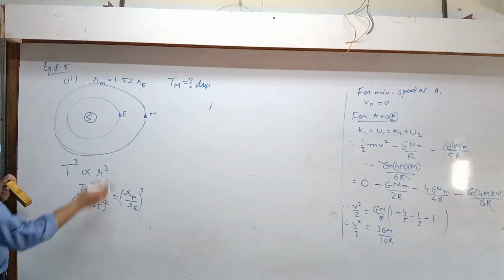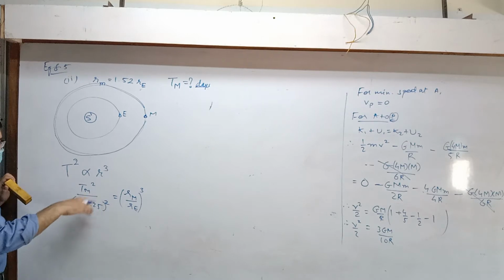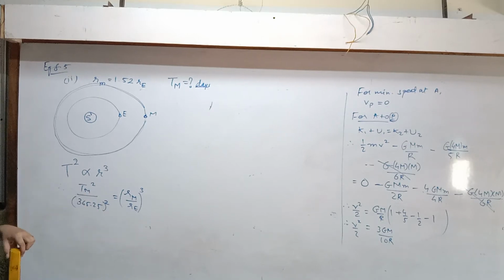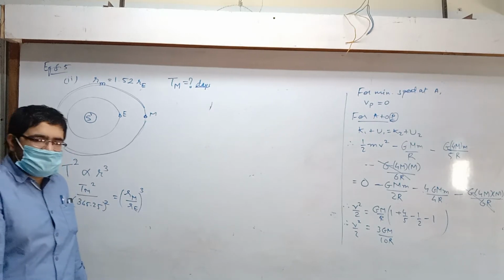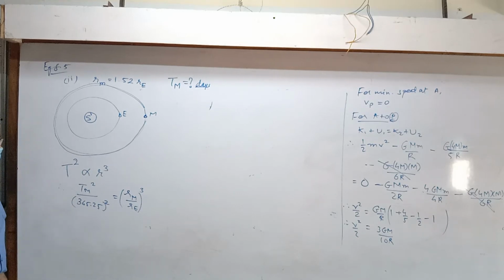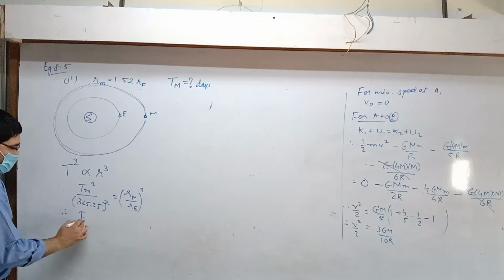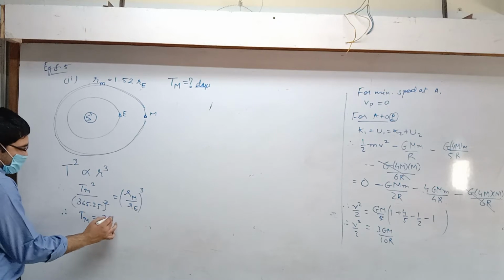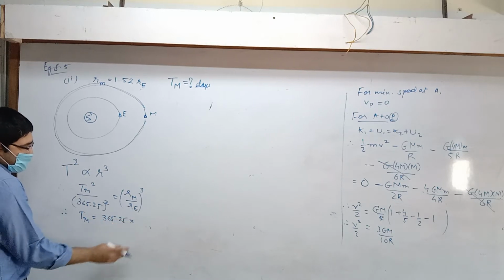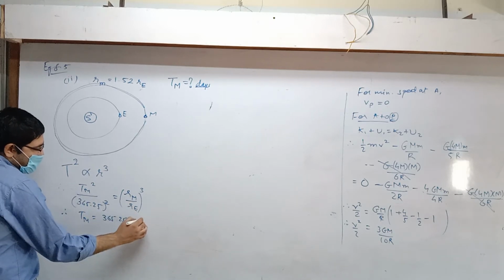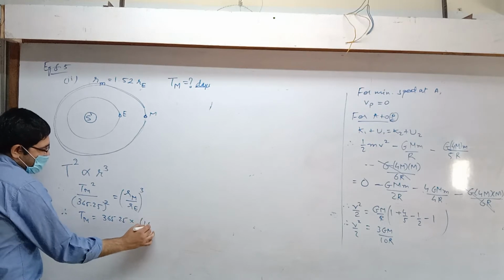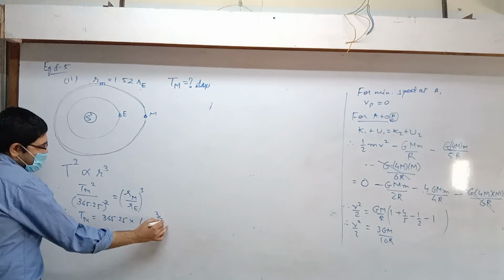Is Rm given? Yes, Rm equal to 1.52 Re. Put it, calculate, get the answer. So Tm is 365.25 multiplied by Rm upon Re, that is 1.52, the whole raised to 3 by 2.